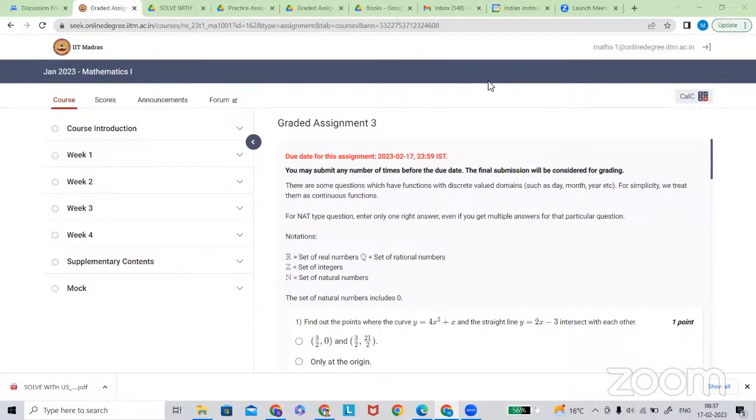But I didn't get the mail, and for me it's showing 17 here. Maybe there is a technical glitch, sir. The technical team will handle that. Yeah, we'll confirm. This is still showing Maths 2 for me.